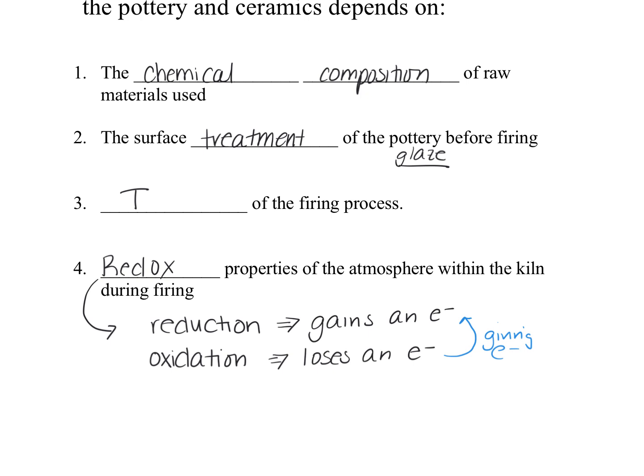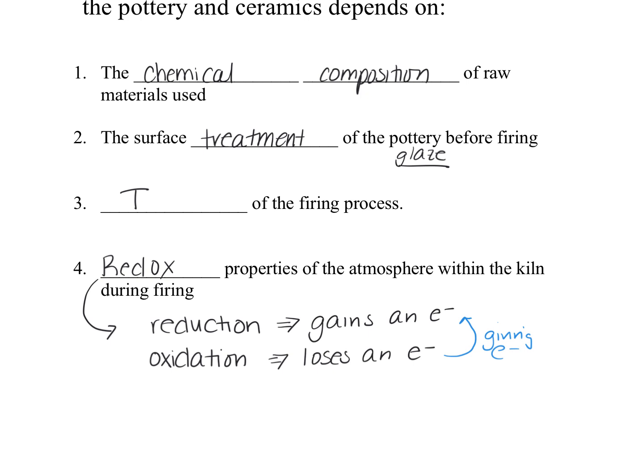So if we think back, we said if you've got Fe2+ or Fe3+, the colors of those ions can be different. What changes those oxidation states, or those charges, is this transfer of electrons.